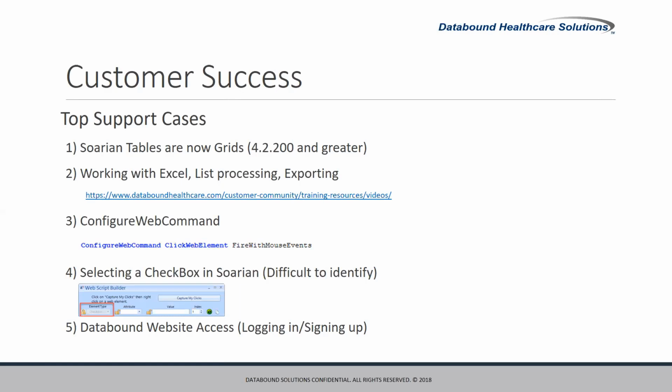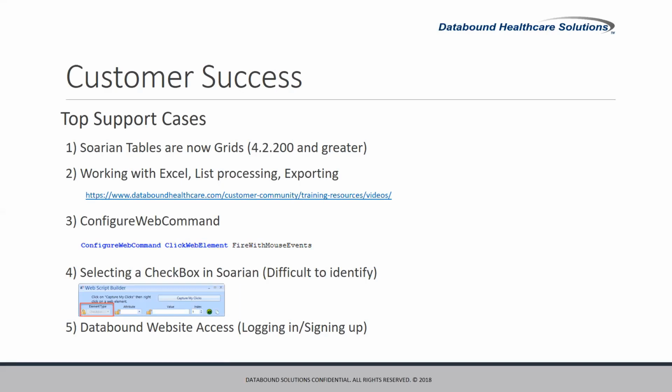Number 1 was the Soarian tables are now grids, so a lot of people are converting over to 42200. I'm not going to beat that dead horse. We know what the issues are, but check the resources that we have. There's plenty of documentation on it, but do feel free to reach out to us. It will probably be a challenge to learn since there's no official training that we've done on it.